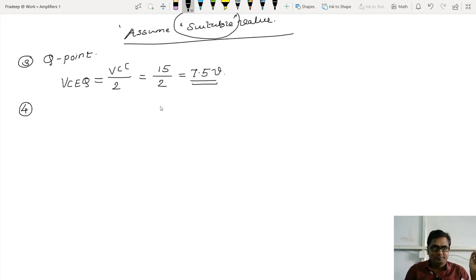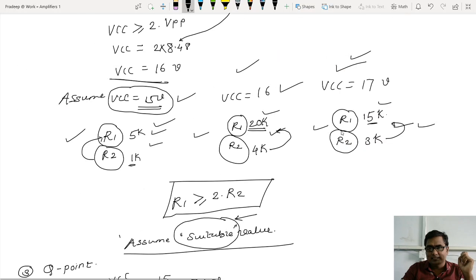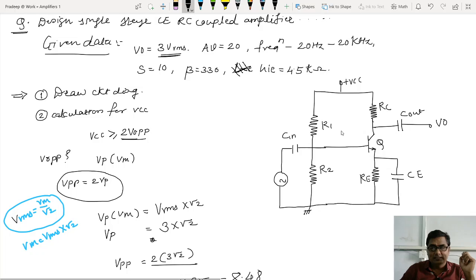Whatever assumptions I made, based on those assumptions I am going to proceed. The next calculation is the voltage across the emitter resistor RE. That value I have to assume. If you focus on the circuit diagram, I am just clearing this output part.